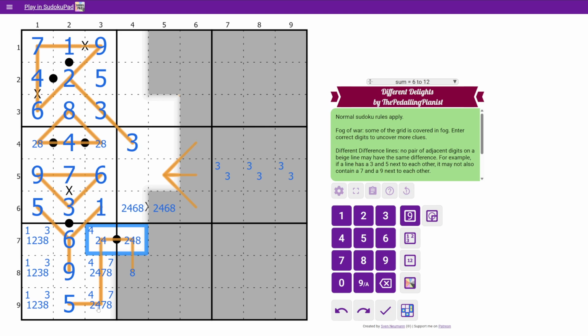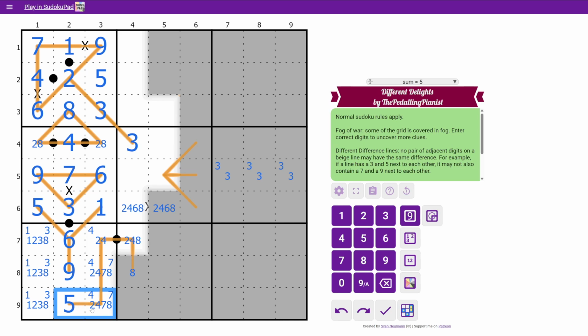So we'd have a difference of 1, a difference of 2, a difference of 3.